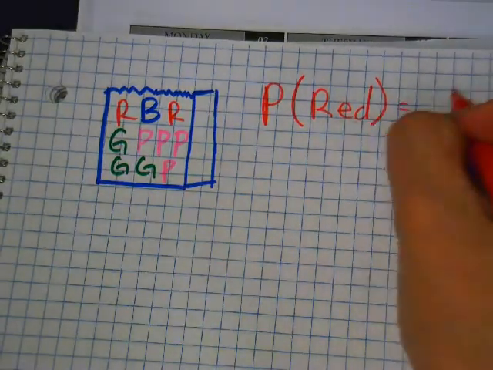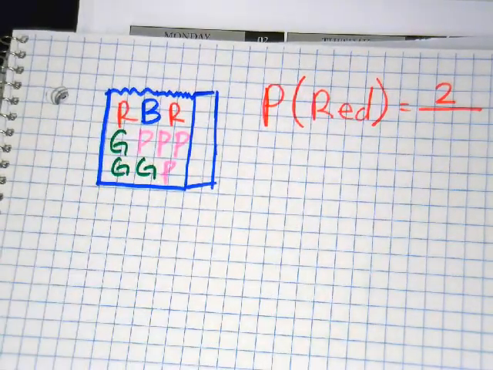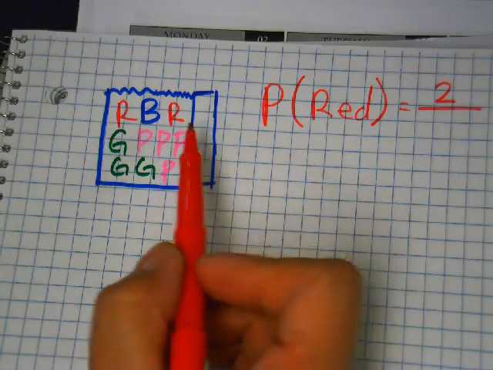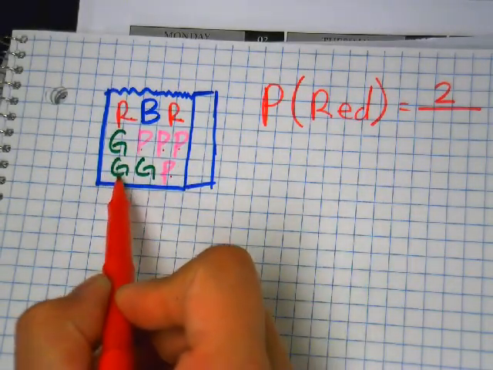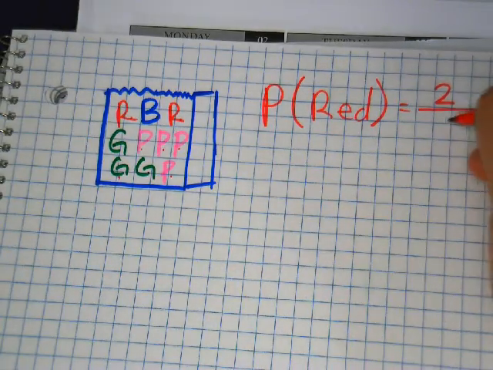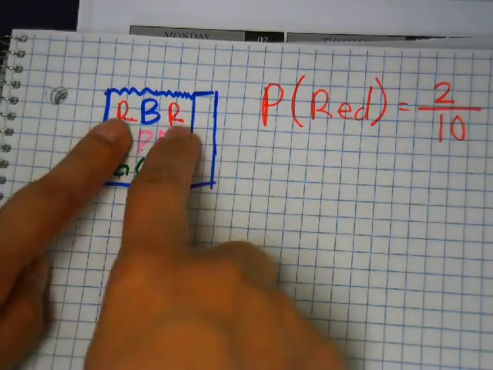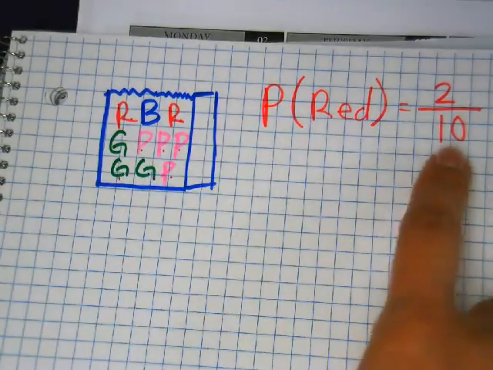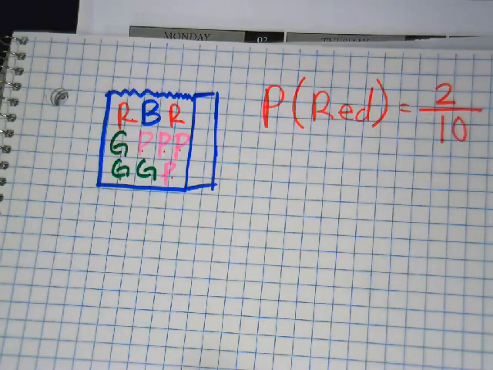We're going to write them as fractions. 2 out of, how many in total? 10. 1, 2, 3, 4, 5, 6, 7, 8, 9, 10. So 2 out of 10. Where did I get the 2? There's 2 R's in there. Where did I get the 10 from? There's 10 in total. Are we okay?